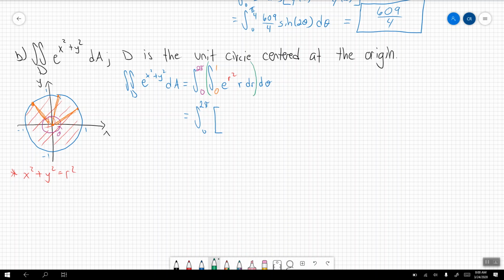If you make a u substitution, then you're naturally going to see that the integral that we see here is going to be e to the r squared. And let me see, taking that derivative, we multiply by 2, so we're going to have to divide by 2 here, and this is going to go from 0 to 1, and this is going to be d theta.